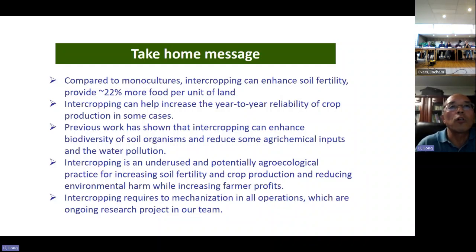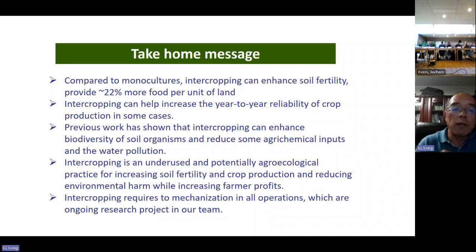Previous work has also shown that intercropping can enhance biodiversity of soil organisms and reduce chemical input and water pollution. Other talks have already shown that intercropping is an underused and potential ecological practice for increased soil fertility and crop production and reduced environmental harm, while increasing farmer profit.